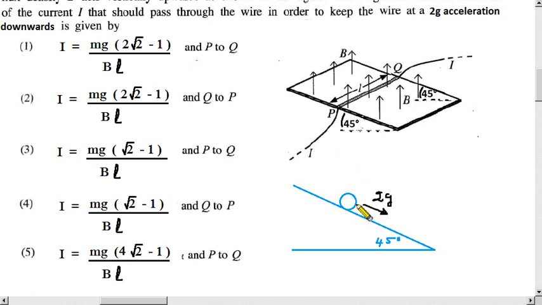So already there is a force on the wire towards downwards, in magnitude how much? mg sin theta, that is sin 45, mg sin 45.